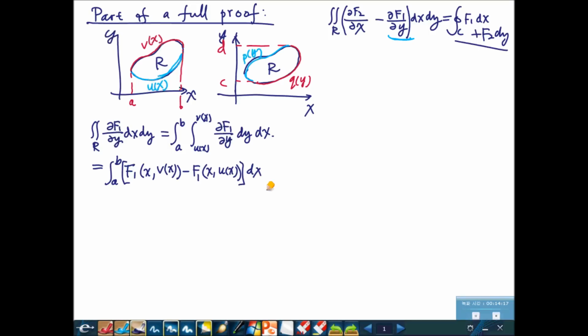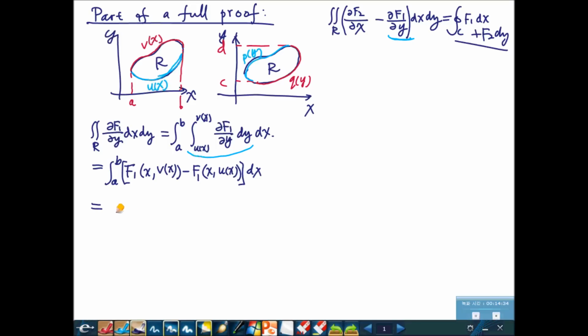Okay, the inner one, you can write it this way, right? Then this one is what?